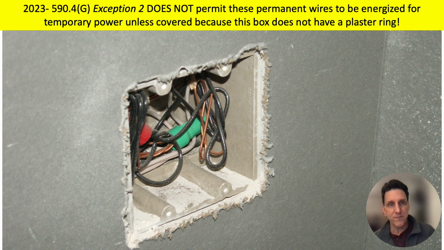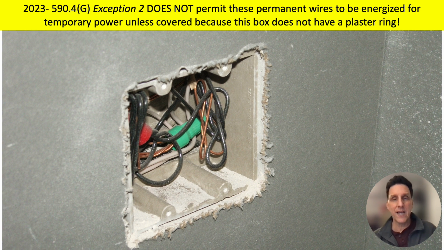But in any case, the box you see in the graphic here, you cannot energize these wires. There is no plastering, first of all, right? So in order to energize those wires for temporary power, if we don't want to put a cover on there, there has to be a plastering. Now, when I read the substantiation for this change, there wasn't a whole lot of substantiation about the plastering.